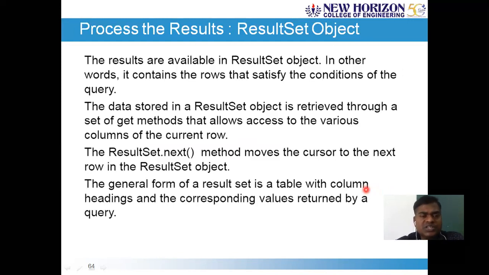In order to process the result set objects, results are always available in the result set object which satisfies the condition. It's purely based on the condition that is satisfied with the database management software, and that gives the result.